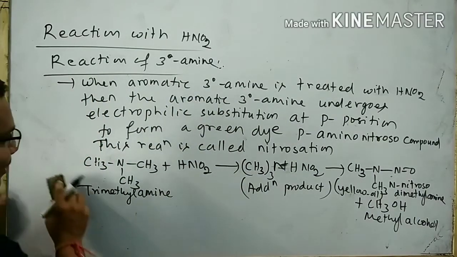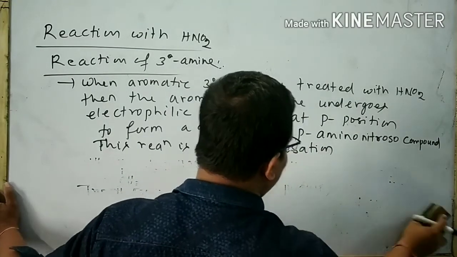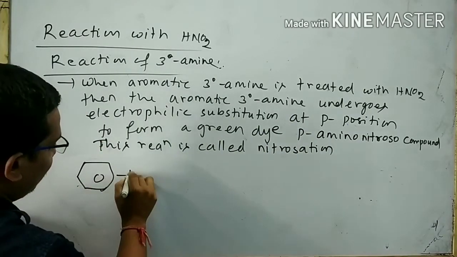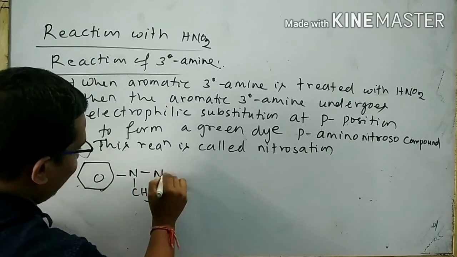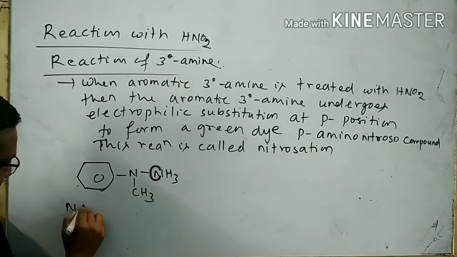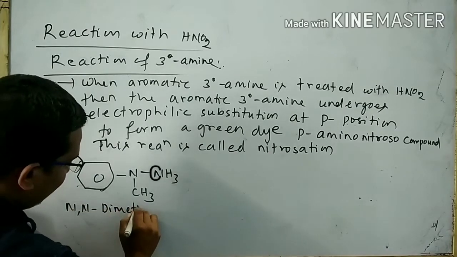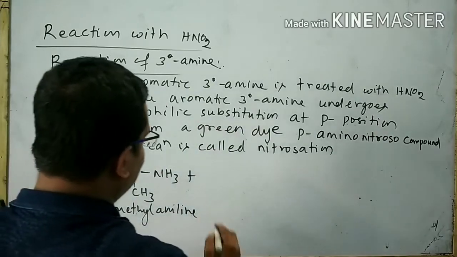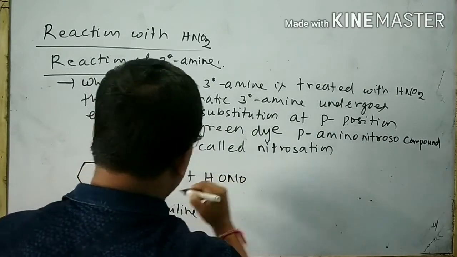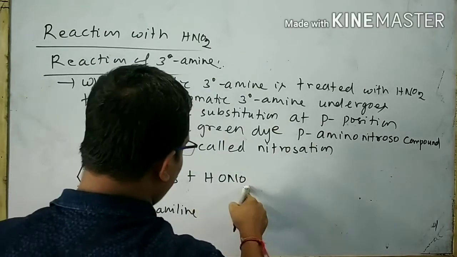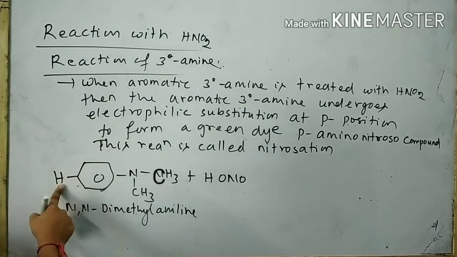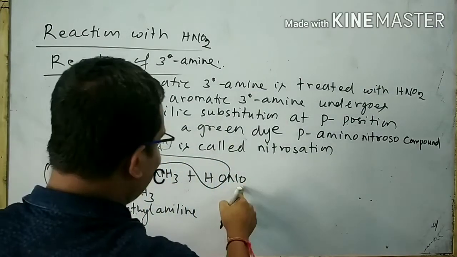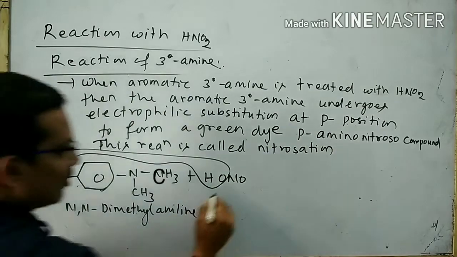Now I can write a reaction. Suppose we take a 3-degree aromatic amine. This is an example of a 3-degree aromatic amine. The name of this compound is N,N-dimethylaniline. When it is subjected to reaction with HNO2, we can write HNO2 like this, HONO. Your para hydrogen is present. Now remove a water molecule like this, and NO will be attached at the para position.